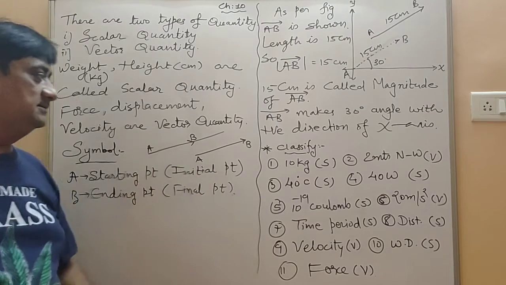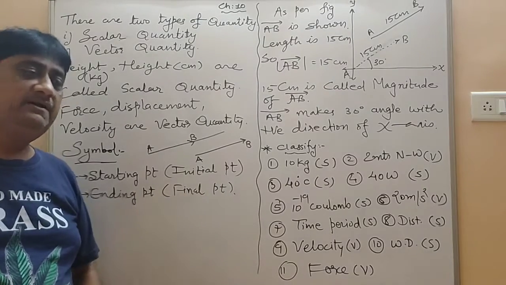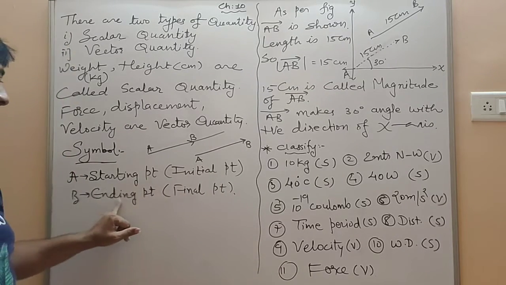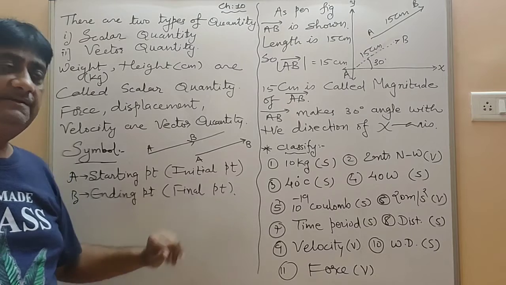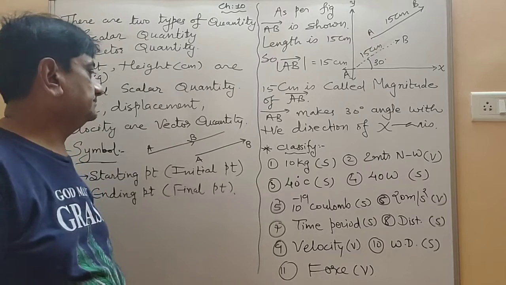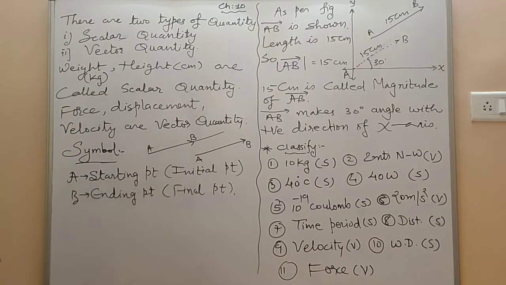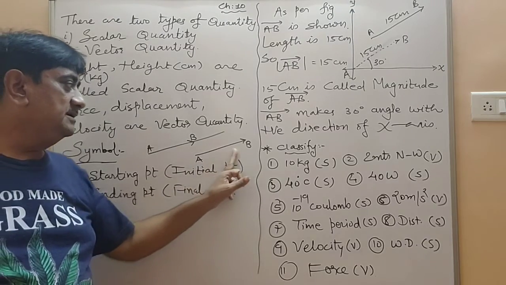In this symbol, A is called the starting point or initial point, and B is called the ending point or final point. Starting with A, ending with B. A to B shows the direction. It is not B to A. It is called direction.